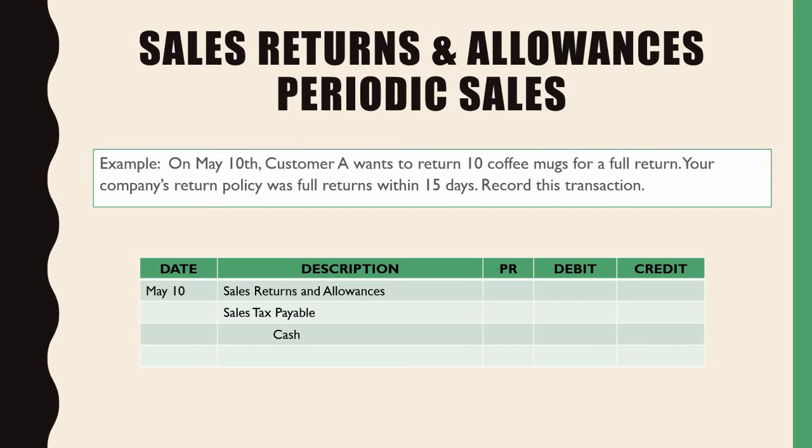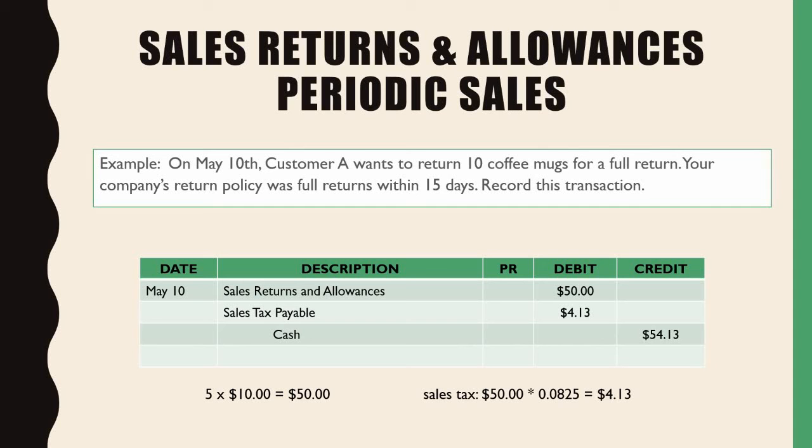In this case, this is where we have to start calculating. Again, we originally sold our mugs or our cups at $5 each. So you're going to take the actual selling price of the mug, $5 each. So 5 times 10 gives you $50. But we also have to calculate how much of the portion of tax we have to give back.